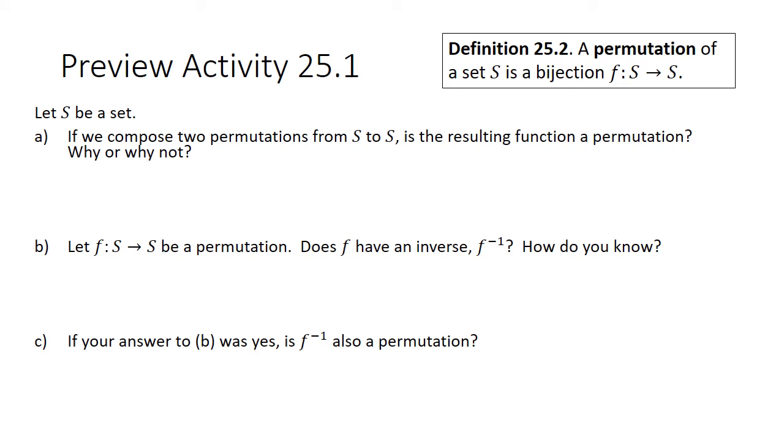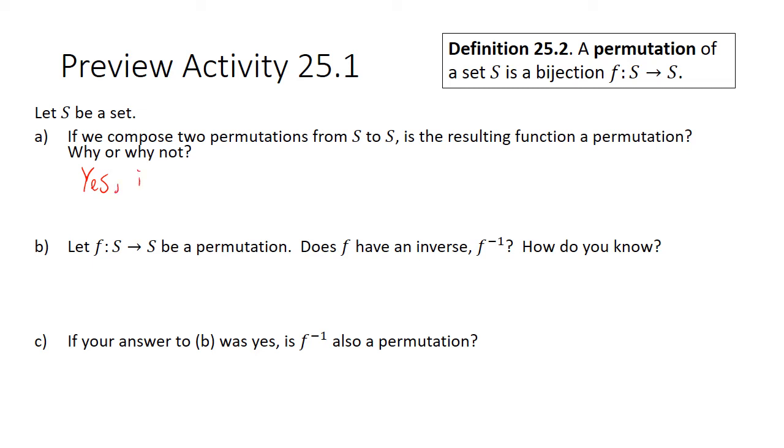Okay, so let's go over the answers here. I think it's not too complicated. Let S be a set. If we compose two permutations from S to S, is the resulting function a permutation? The answer here is yes, it will be a permutation.